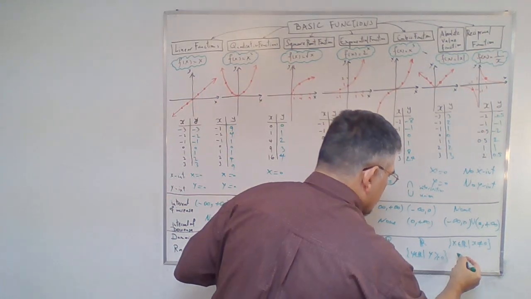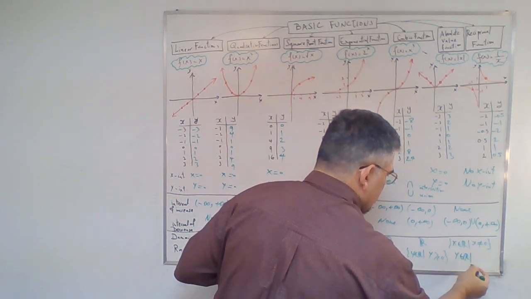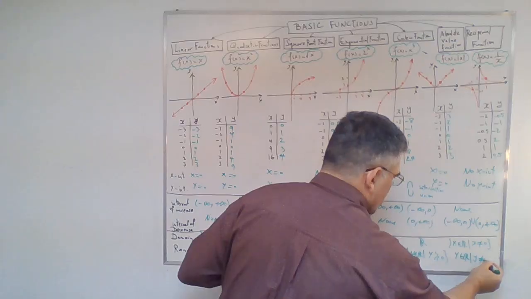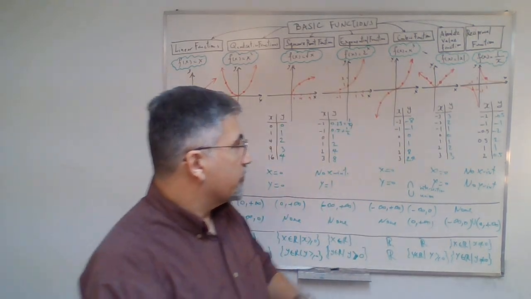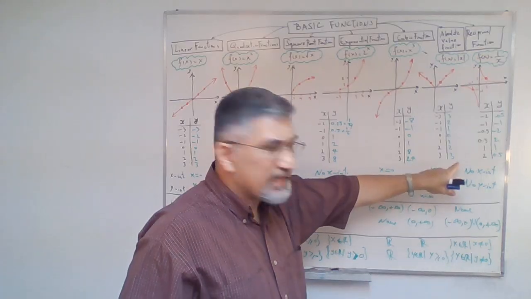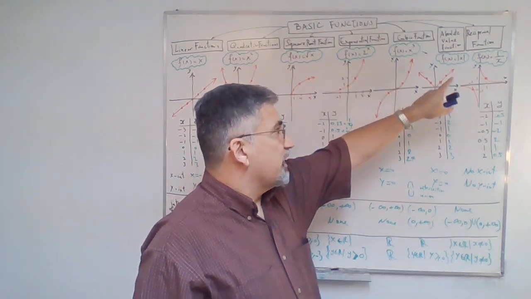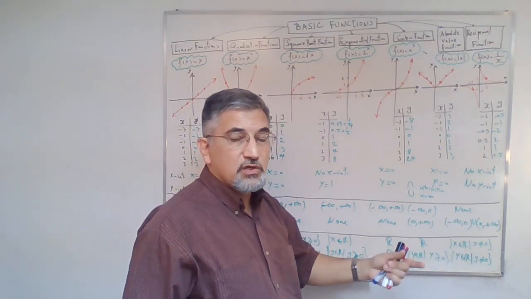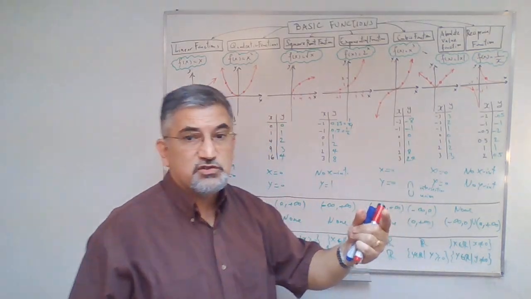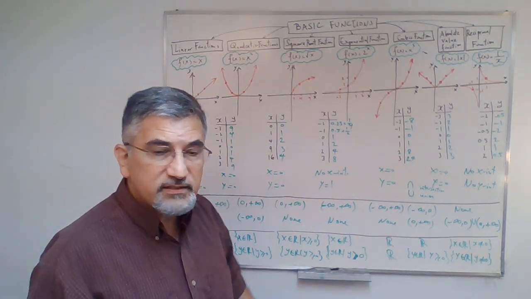And the range is again y that belongs to the real numbers, and y cannot equal 0 for the obvious reason that we said that we don't have an x-intercept. So we have 1 over x, and that fraction can never equal 0 because the numerator of the fraction is 1, and 1 is not 0, obviously, right?